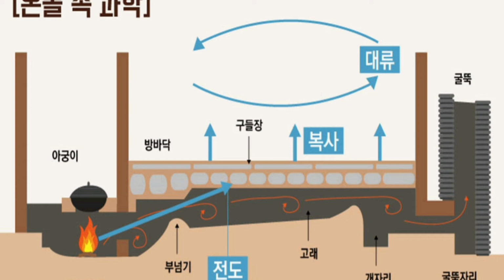Then, because of this heating system, the chimney was different also. In the Western country, the chimney is on the roof. But in Korea, the chimney is behind the house. That was because of this underfloor heating system. It's very special, isn't it?